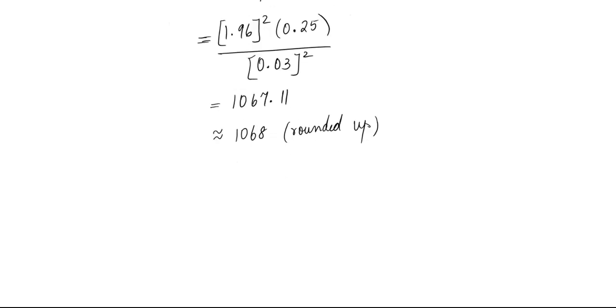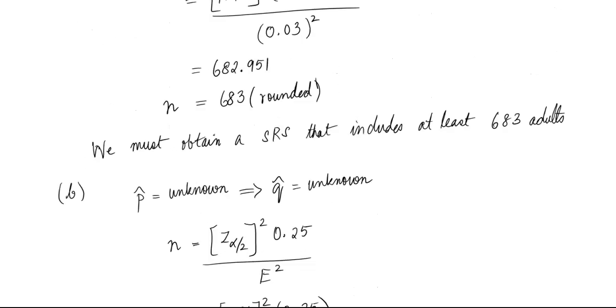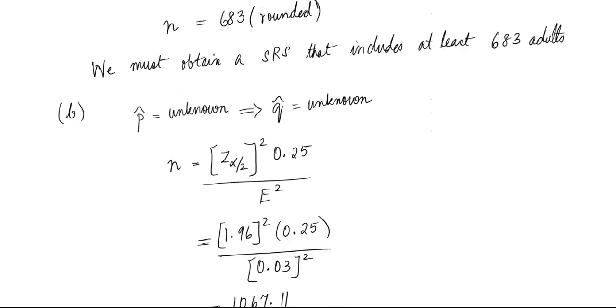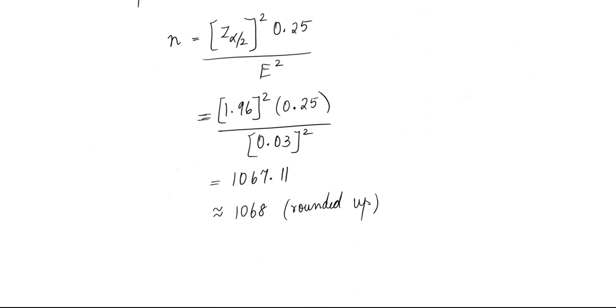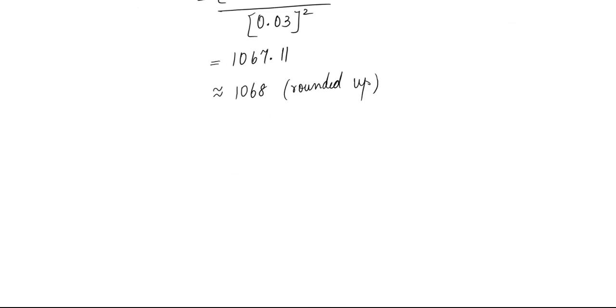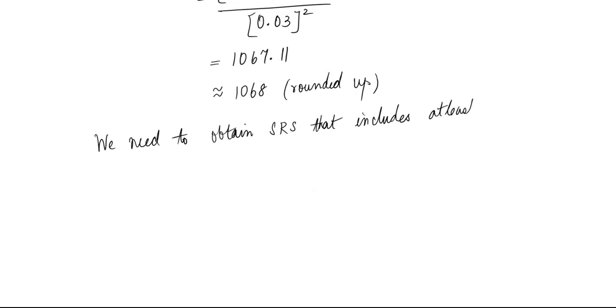When you do not have any prior information, look at how quickly the n increases. It's almost double. So n is 683 if your p hat was known, but here it is 1068 because you are trying to be more conservative. So we need to obtain a simple random sample that includes, always interpret your answer so you understand what it means, at least 1068 adults.